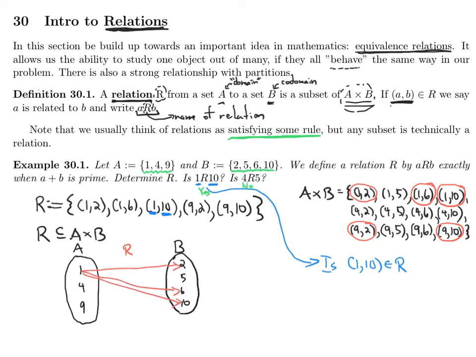Okay, 4 is related to nothing. You can see here 4 isn't related to any of the elements in B. That's fine, that's allowed. And 9 is related to 2 and 10. So I'll draw an arrow to 2, and I'll draw an arrow to 10. So you can see here, sometimes you have elements in your domain set that are related to more than one thing, 2 things, 3 things, whatever.